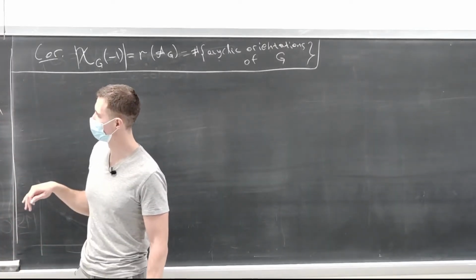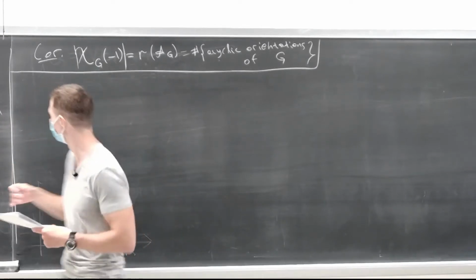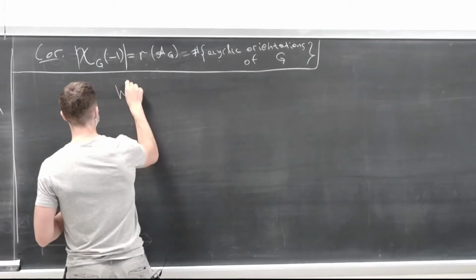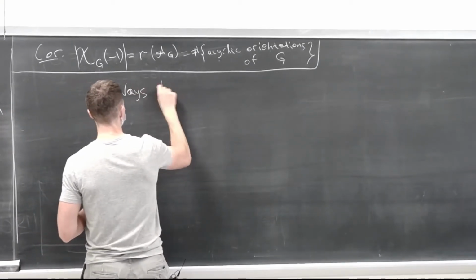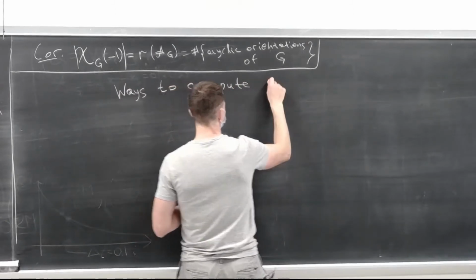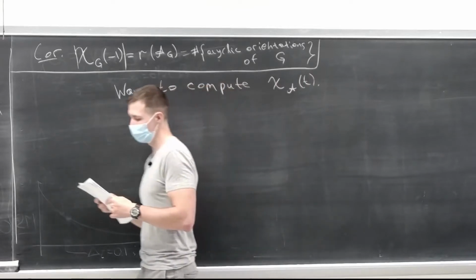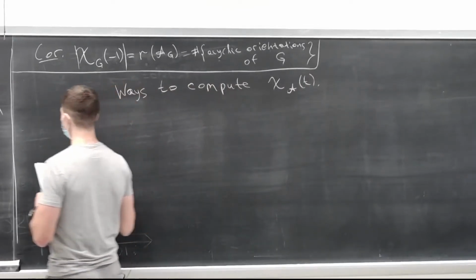And so, okay, now hopefully I've convinced you that the characteristic polynomial of an arrangement is pretty cool, but still we need some ways to compute it. Next subject is ways to compute the characteristic polynomial of an arrangement. And I already told you 2 ways.